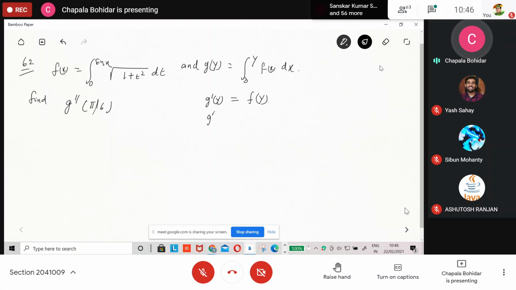So g double dash y is equal to f dash y.